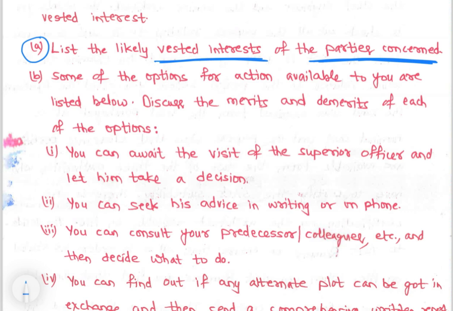Then, some of the options for action available to you are listed below. Options हैं listed below. Discuss the merits and demerits of each of the options. So first is you can await the visit of the superior officer and let him take a decision. See, options are given and merits and demerits you need to discuss, right?